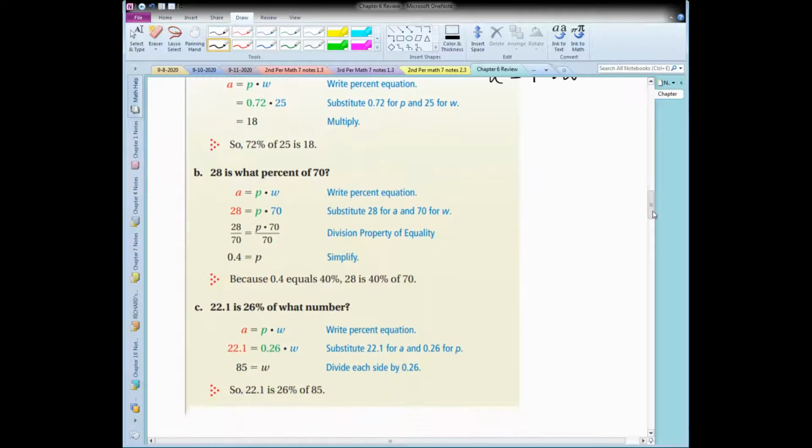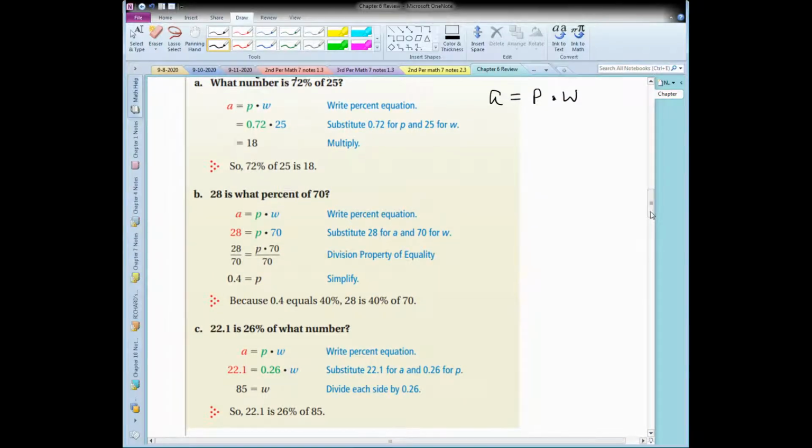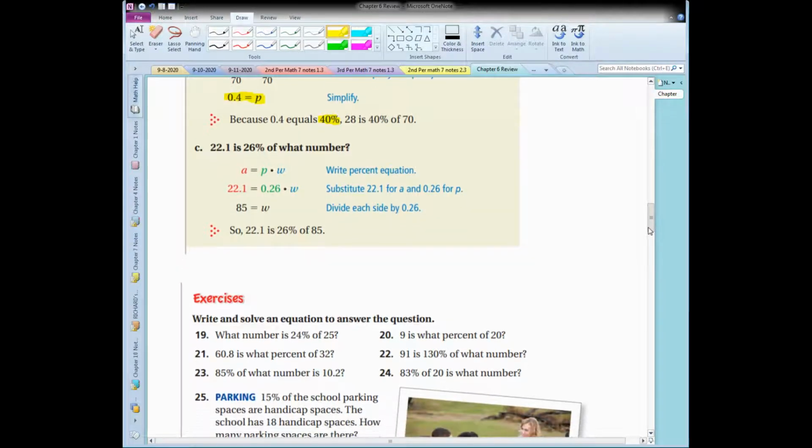So there's some examples here for you to go through, and you can read those and see how the problems were solved. Remember, if you're looking for a percent, here we were looking for a percent, you have to make sure that you write your answer as a percent. Don't write it as a decimal, write it as a percent. Okay, and there's some practice there.